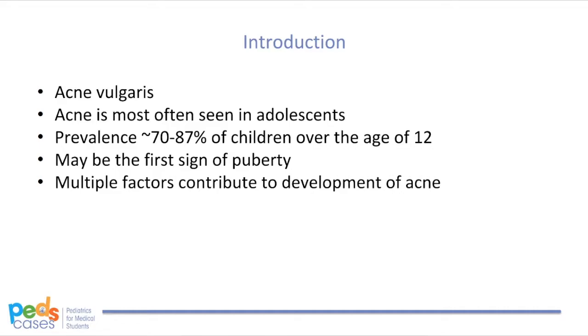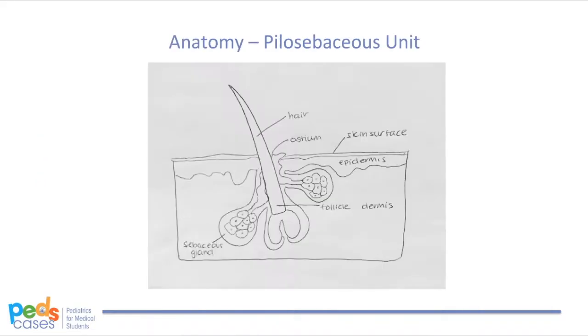Adolescent acne usually presents at the onset of puberty and may be the initial sign that puberty is starting. However, acne can present in pediatric patients of any age, and there are diagnostic and treatment considerations for each age category. Let's talk about the factors that contribute to acne and the disease process itself.